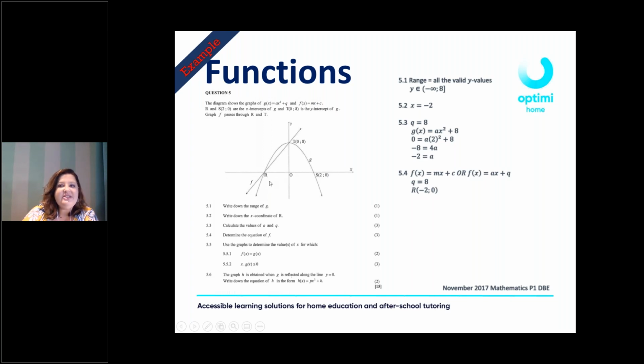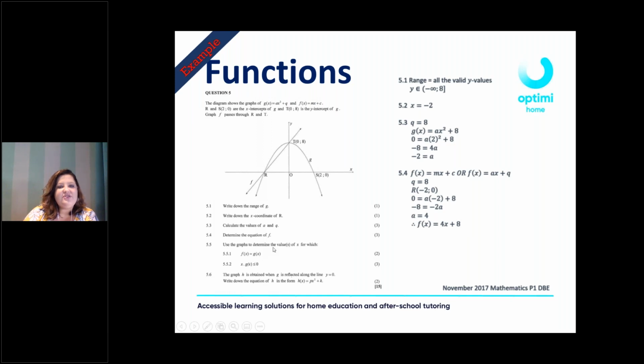I know that the x value is -2 and the y coordinate over there is 0. And I'm just going to substitute it in there. So my c or my q is 8, my x value is -2, and my y value is 0. Calculating my gradient as 4, if I write it, because I want the whole equation, f(x) is equal to 4x plus 8.